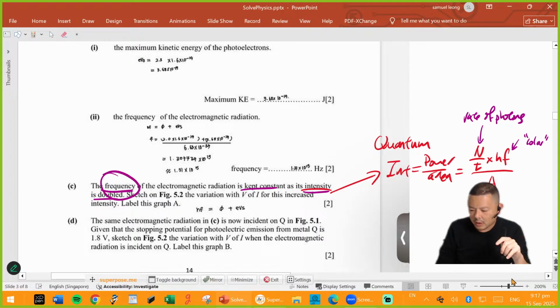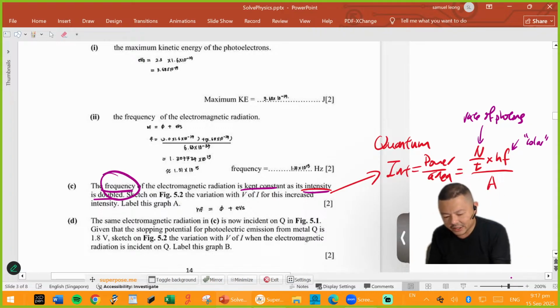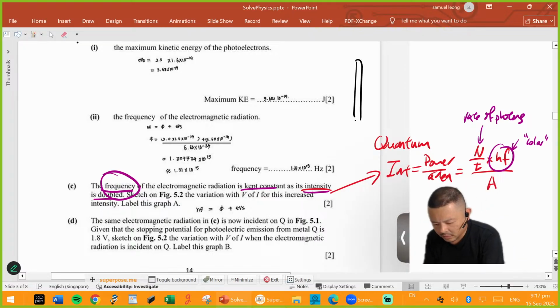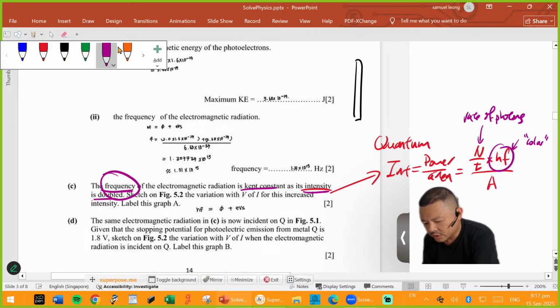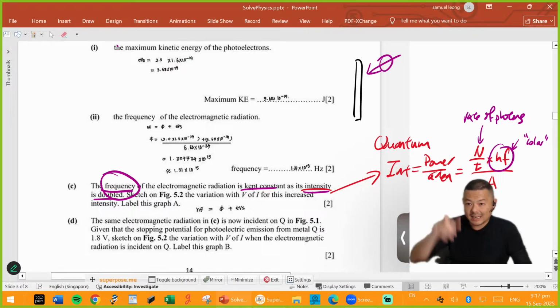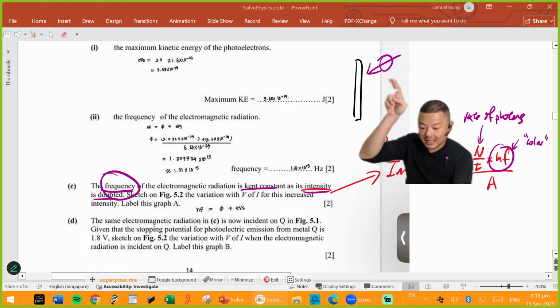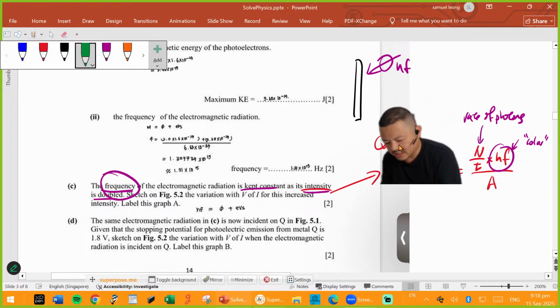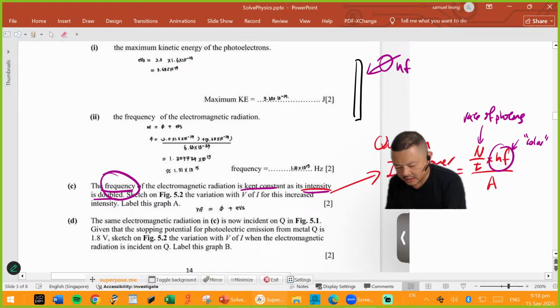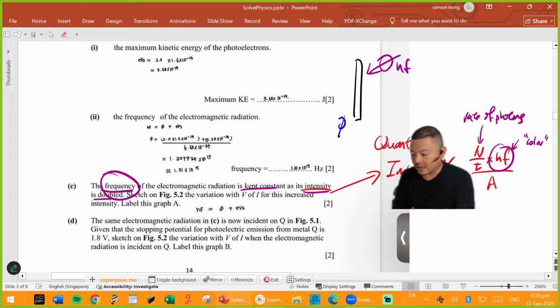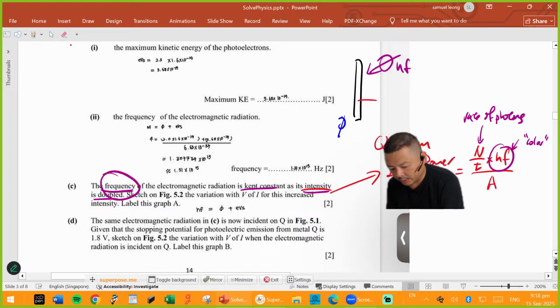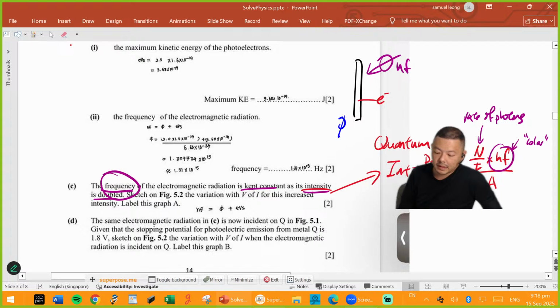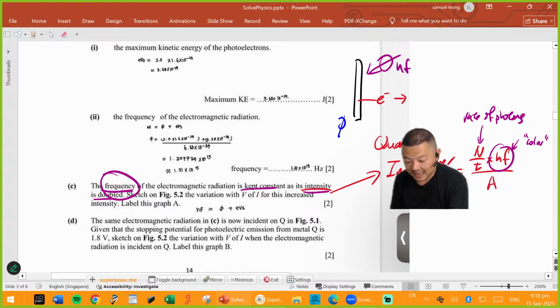So the idea here is hf. What does hf stand for? The energy of one photon. So if your incoming photon has that amount of energy, hf, and you have this piece of metal with a certain work function, then your electron pops out like this. It has a certain amount of KE.